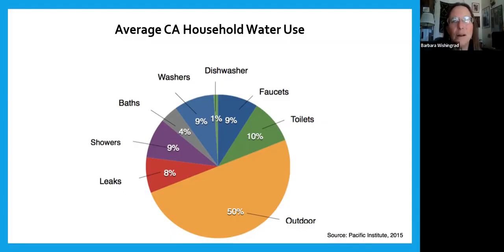And so you can also see 9% comes from your washer and 9% comes from showers. And then there's 9% from faucets, so you have a whole bunch of water that can be used for Greywater. And it doesn't match the whole 50% of the outside, but it can significantly cut it down. Next.